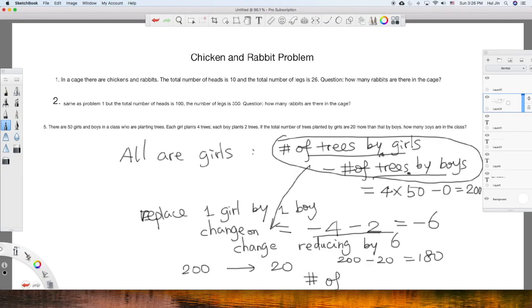So number of replacements will equal 180 divided by 6 equals 30. What does that mean, 30? That'll be 30 replacements, which will be 30 boys and 20 girls.